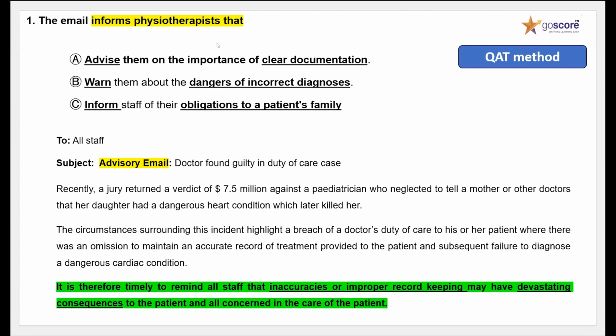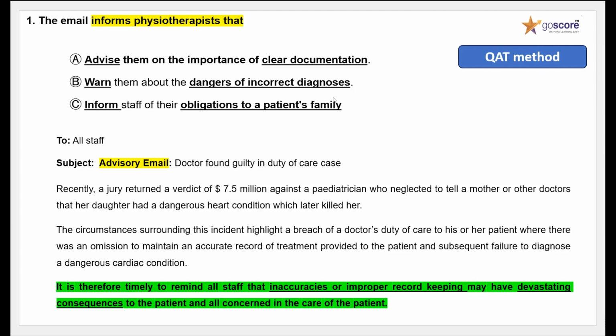We need to find out whether it informs the physiotherapist regarding any advice about clear documentation. Or warn them about the dangers of incorrect diagnosis, whether they are giving any warning about dangers of incorrect diagnosis. Or inform staff of their obligations to patient family. So "inform" and "obligations to the patient's family" is the key phrase here.